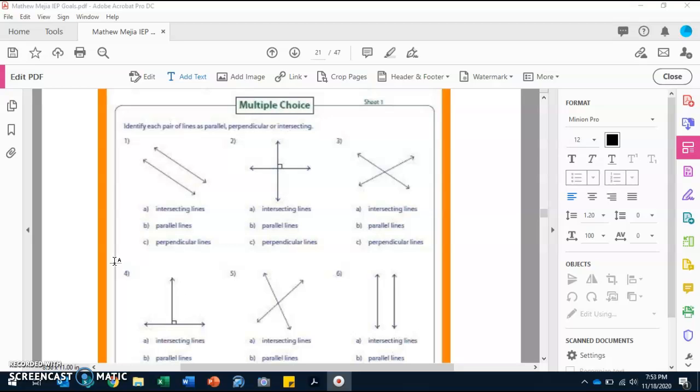I know you probably don't, so it's okay, just write it in a piece of paper, but make sure you write the letter and the answer, the word next to it, not just a letter. I just do not want letter A. I want letter A, intersecting lines, or letter B, parallel lines, or letter C, perpendicular lines, in a complete way.